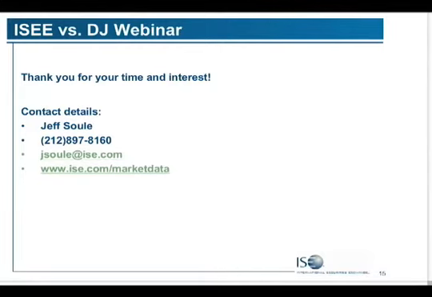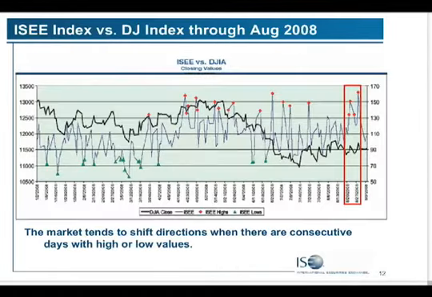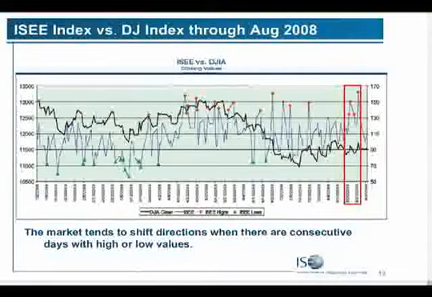When we're seeing very low values, it means a lot more puts are being bought, and it's contrarian because the market tends to move in the opposite direction. Same way when we're getting very high values, it means more calls are being bought, and the market tends to move in the opposite direction. That's the contrarian nature of the indicator.